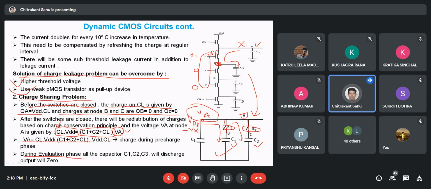During the evaluation phase, all the capacitors will discharge the output to 0. That is the operation, right? What is the meaning of evaluation phase? Evaluation phase means the input is, let's say, 111. In all those cases, all the capacitance will be discharged to ground.